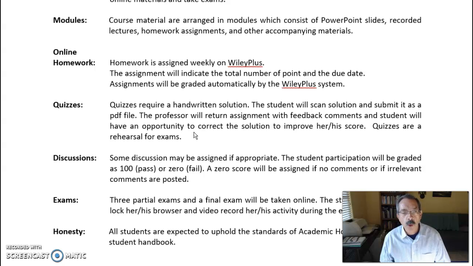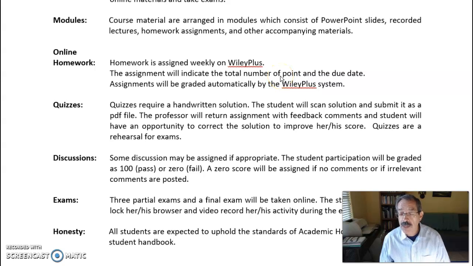For each module, a number of homeworks will be assigned on Wiley Plus, so you will need to log into Wiley Plus to access them. Each homework has a particular number of points assigned to it, and they all have a due date. Make sure you turn them in by the due date, and they will be graded automatically by Wiley Plus.